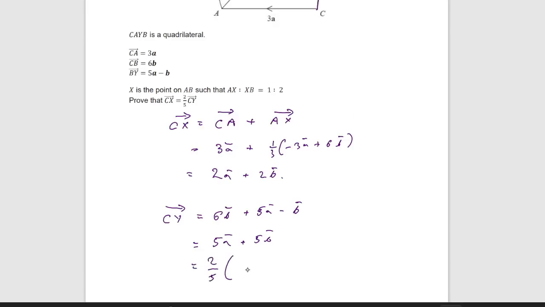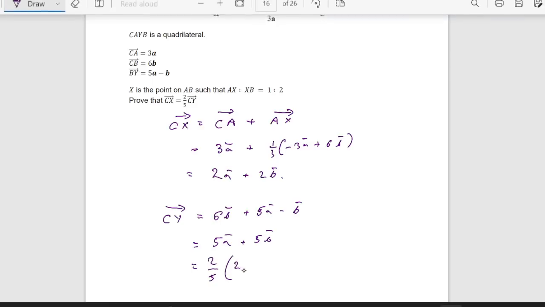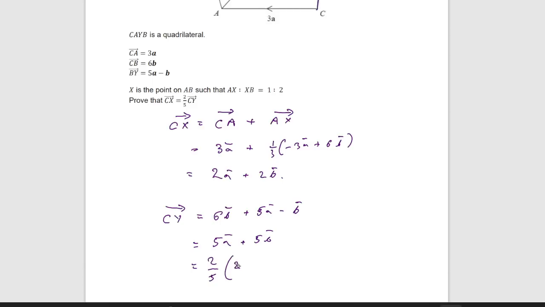So if I take a factor of 2/5 out there, that would give me 2A plus 2B. No, I'm not going to take that factor out of there.